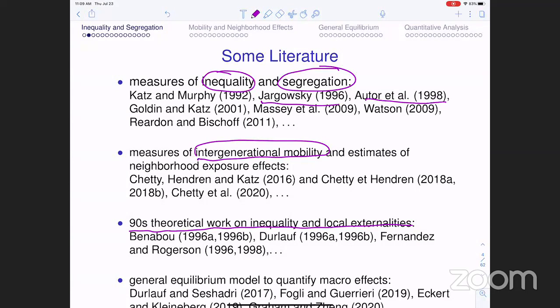Okay, there are important papers by Benabou, Durlauf, and Fernandez and Rogerson, and these papers have been used mostly to think about both the effect of residential segregation on persistence in inequality, but also to think about possible school financing reforms to correct the rise in intergenerational immobility. But these are mostly theory papers, so they typically are general in some dimensions, but stark in others, which makes it a little harder to connect them to these new data.